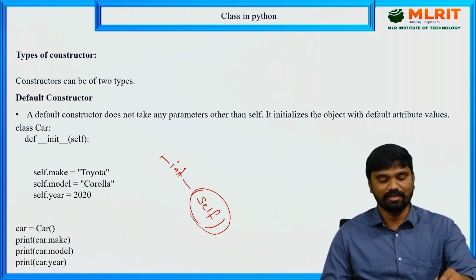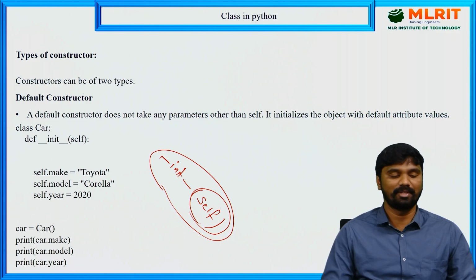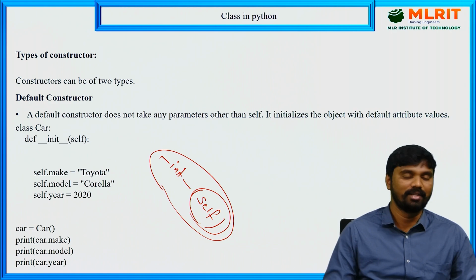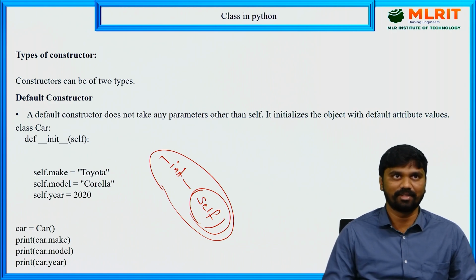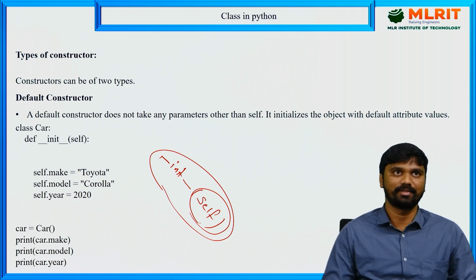That is about the constructor. And then we have two types of constructors: the default constructor and the parameterized constructor.